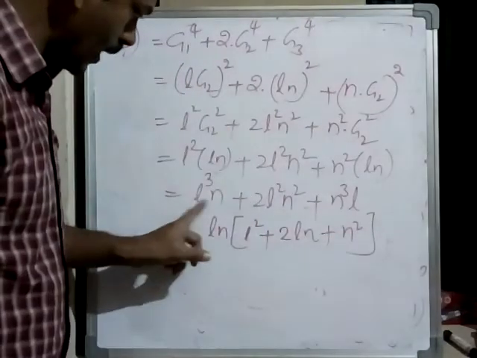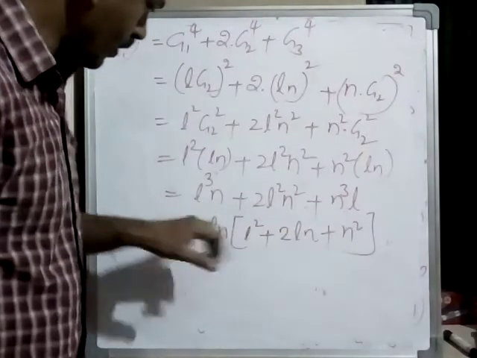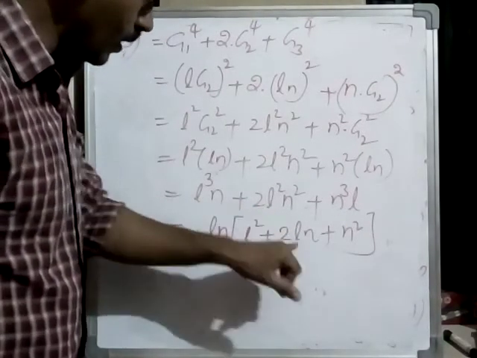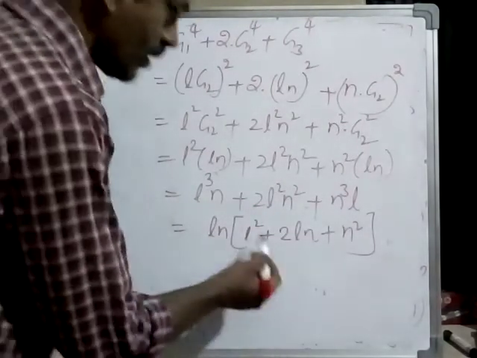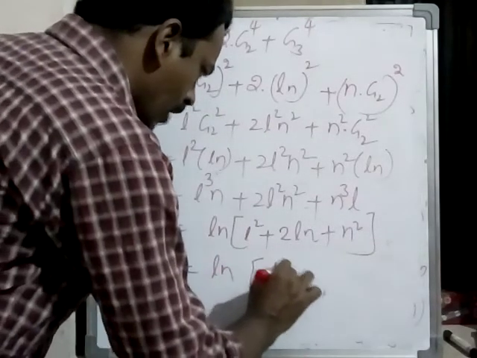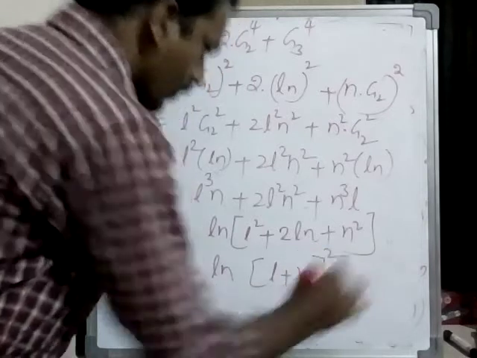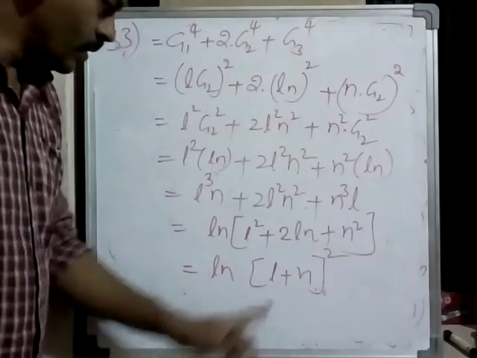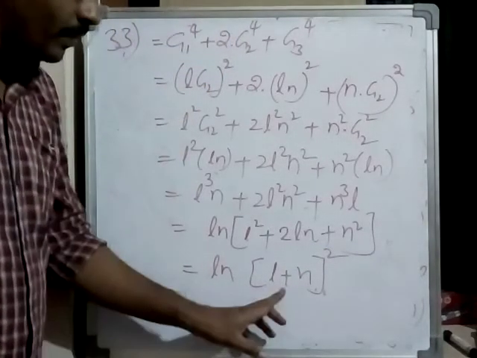This is A plus B whole square, so LN into (L plus N) whole square.